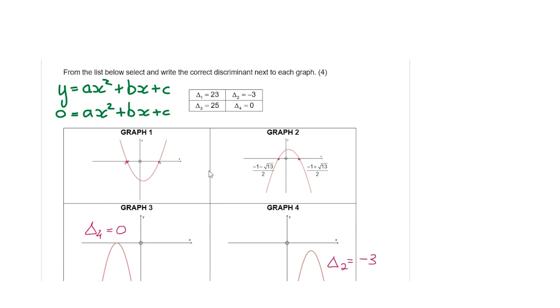Graph 1 and graph 2 both have real unequal roots. The difference is, though, that graph 1 has roots of -2 and 3. Those are rational numbers. In order to get rational roots, delta must have come out to be a perfect square. So delta 3 is 25. Graph 2, the roots are clearly irrational, and so delta must have come out to a non-perfect square.